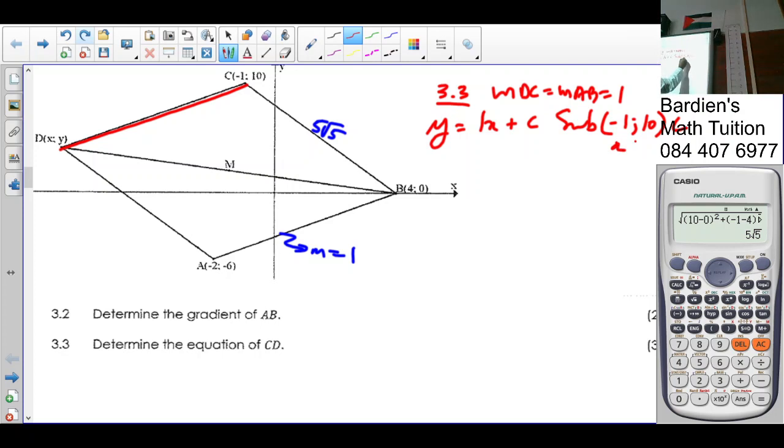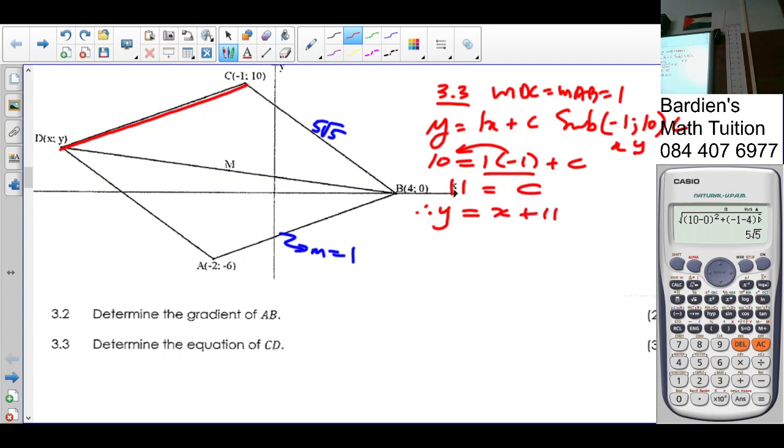That's an x and a y. So that will simply be 10 equals 1 times -1 plus c. That is -1, we take it over, becomes +1, which is 11. Therefore y is equal to x plus 11.